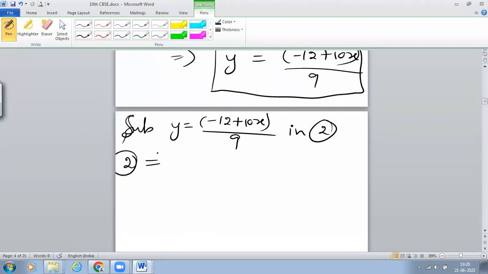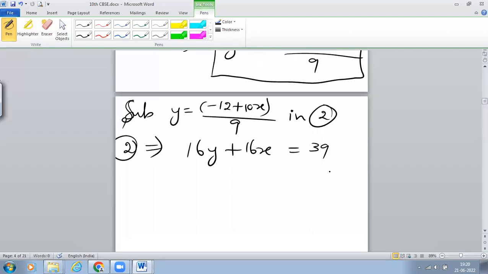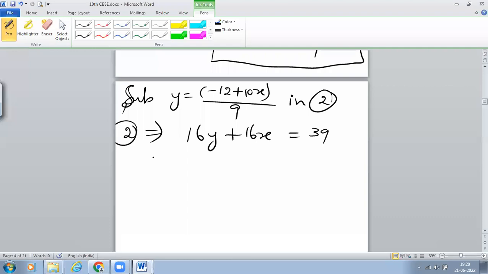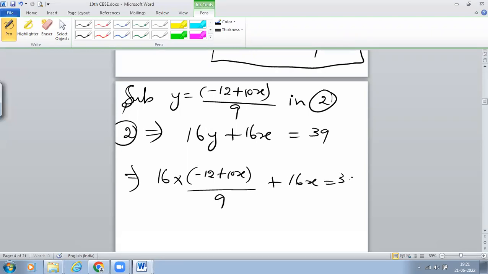Equation number 2, which implies 16y plus 16x is equal to 39. Now in this equation, in the place of y, we have to substitute the value. Therefore, the next step is 16 into, what is the value of y? y is minus 12 plus 10x divided by 9, plus 16x, which is equal to 39.